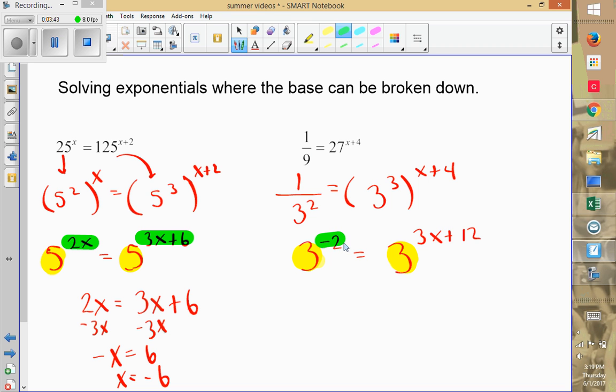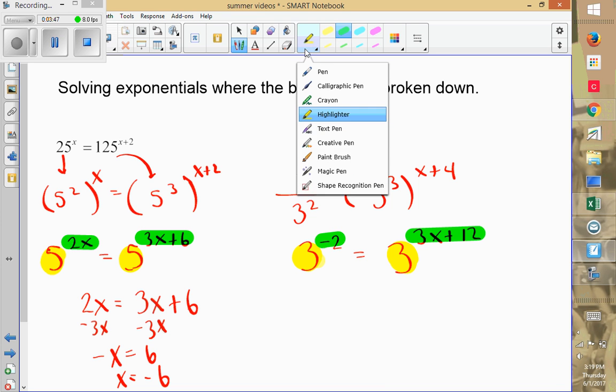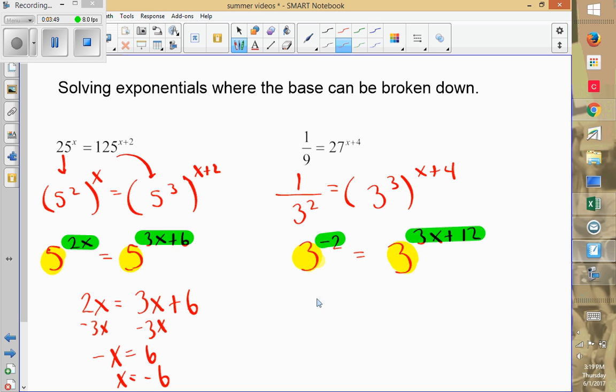And when I have two bases that are the same and equal to each other, I can make the comparison that the exponents have to be equal to each other. I cannot do that if I didn't make that a negative exponent.